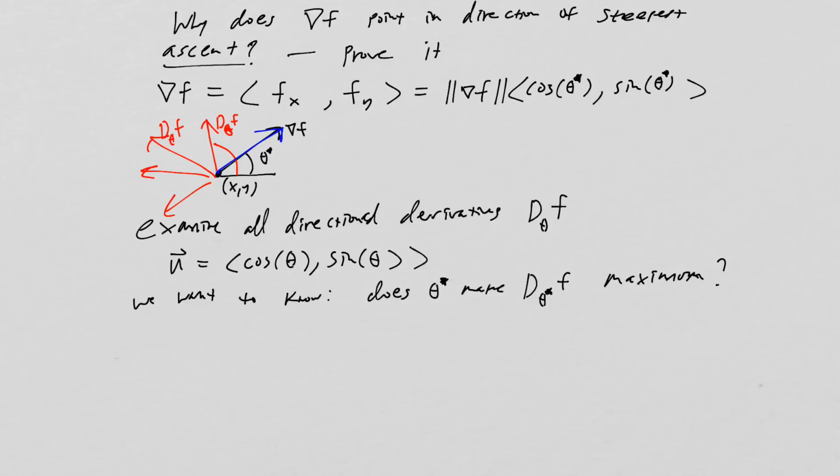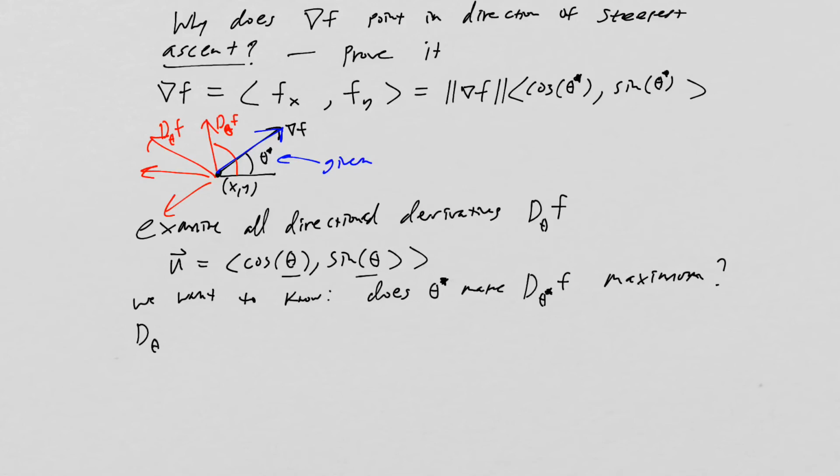Okay. We want to know, of all the possible directions, is theta star the best one? Okay, so again, theta star is given. We know what it is. We can compute it. And now we're going to compare it with all other directions around it and see if it truly is the best. So this should be pretty straightforward.